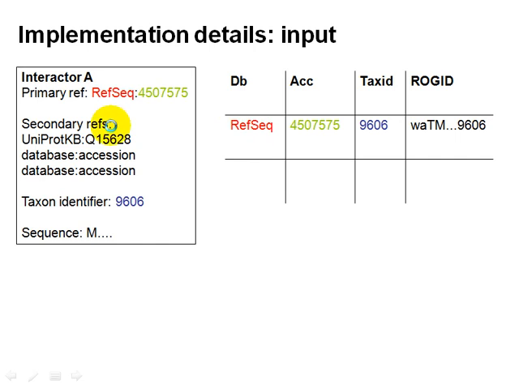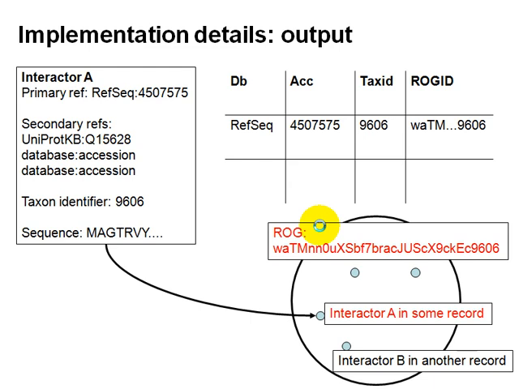If we don't find it, we go on to the secondary references. So in this particular example, it's quite an easy mapping. We know that this corresponds to this ROG ID here, and it may also correspond to interactors in other records as well. So all of these things inside of this circle are referred to as a ROG, or a redundant object group, things that are interactors that all have exactly the same sequence from the same taxon.